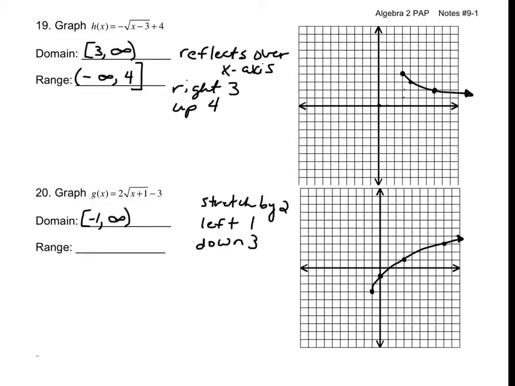In the range, the lowest value of y is negative 3, and it also goes to infinity. So there's a couple examples of some graphs where we did several translations. You're going to have some homework that you have to do a little bit of this on.